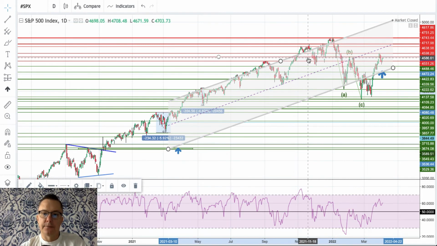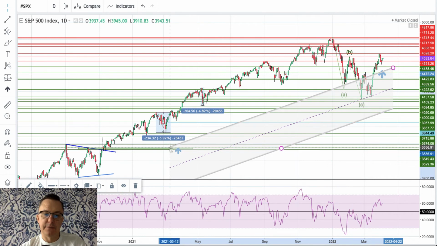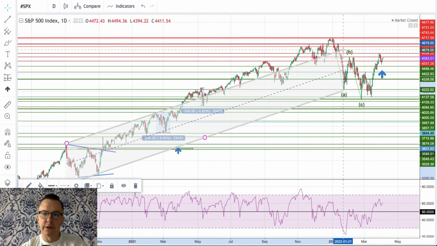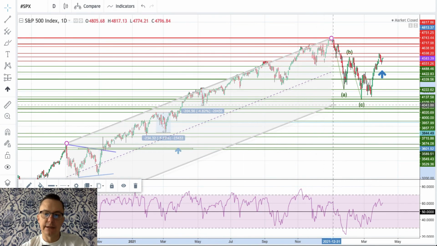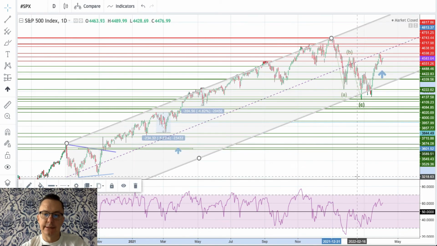However, we might switch this channel a little bit and adjust it towards the new data. So if we just adjust it like this, okay, and then we have to, of course, extend it.